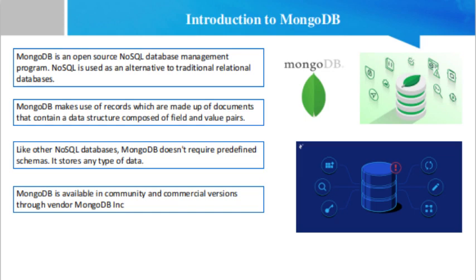MongoDB platforms. MongoDB is available in community and commercial versions through vendor MongoDB Incorporated. MongoDB Community Edition is the open source release, while MongoDB Enterprise Server brings added security features, an in-memory storage engine, administration and authentication features, and monitoring capabilities through Ops Manager.